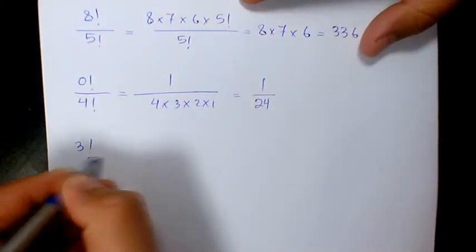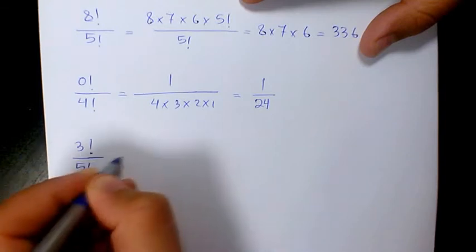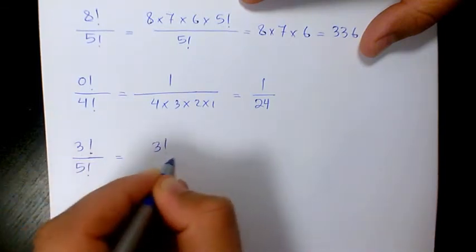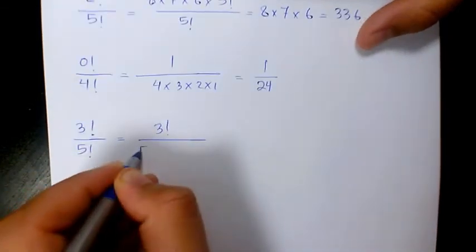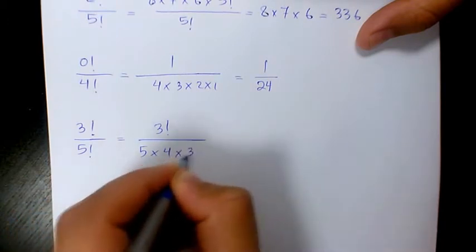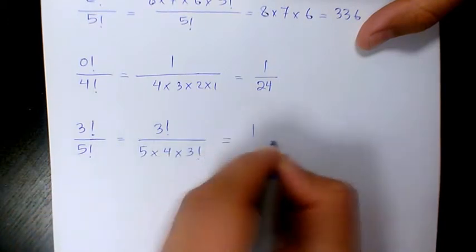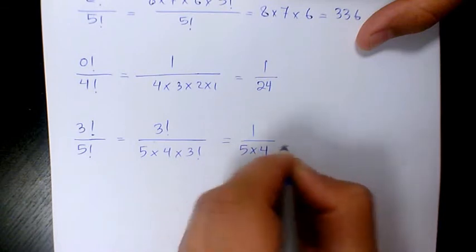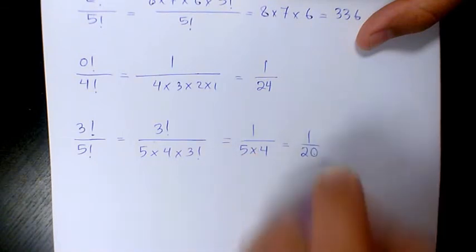3 factorial over 5 factorial, we have 3 factorial over 5 times 4 times 3 factorial. You cancel out, it's going to be 1 over 5 times 4, which is going to be 1 over 20.